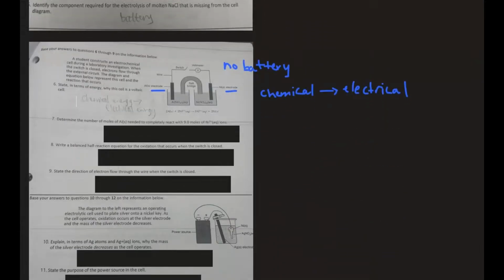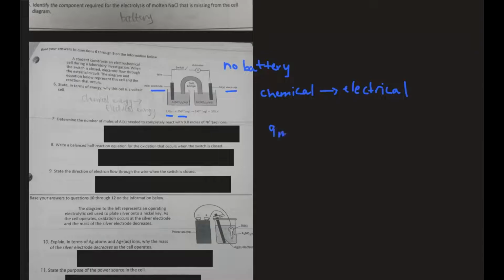So there we go. Number 7, determine the number of moles of aluminum needed to completely react with 9 moles of nickel ions. So we have 2 moles of aluminum reacts with 3 moles of nickel.